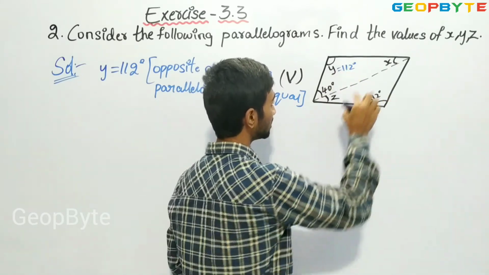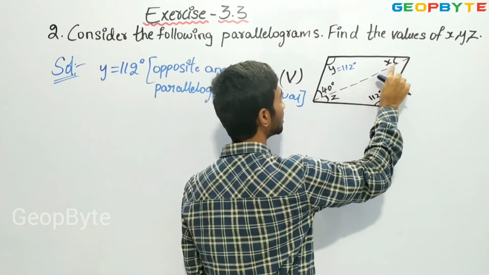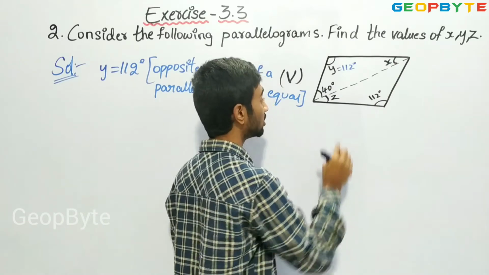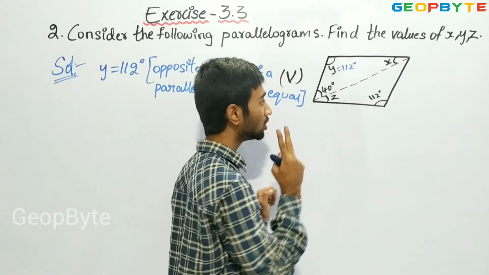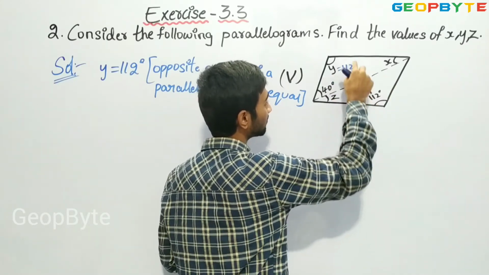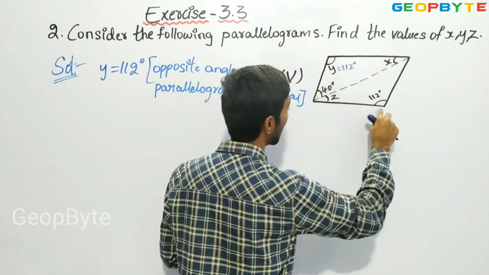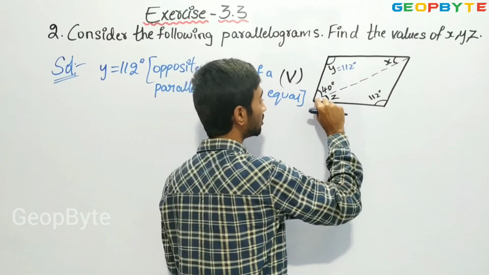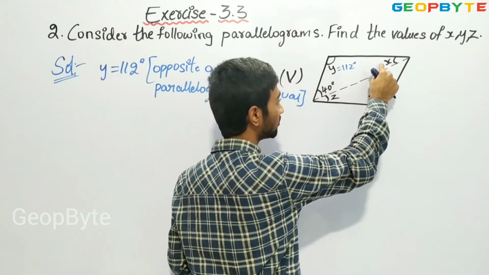Now let us find the value of x. Here this is the diagonal of the parallelogram. So this diagonal is dividing the parallelogram into two equal halves. That is this part and this part. And this is a triangle and this is another triangle. So let us consider this triangle to find the value of x.